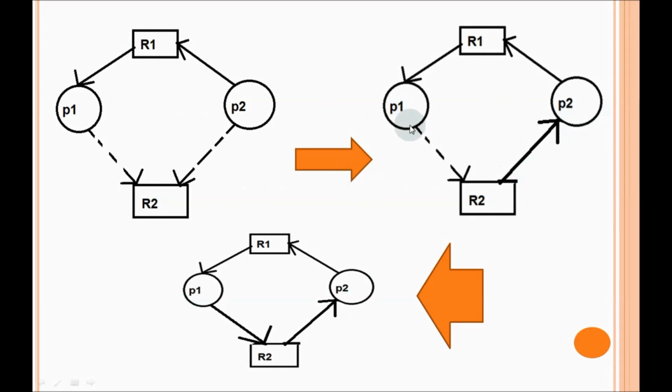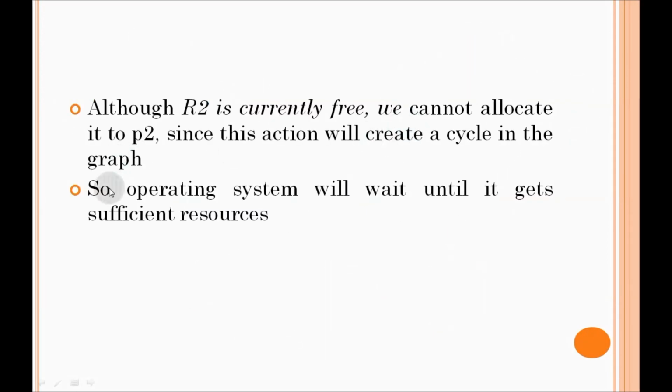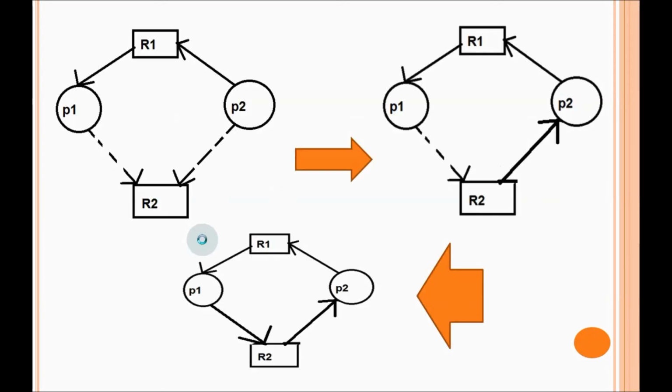So the operating system must wait until it gets sufficient resources, and once it does, it may allocate the resources to the process. So you can see, in this way I can avoid the deadlock using the resource allocation graph.